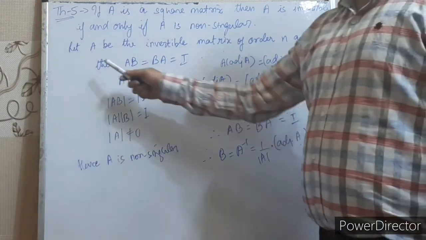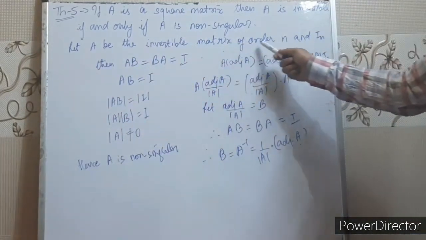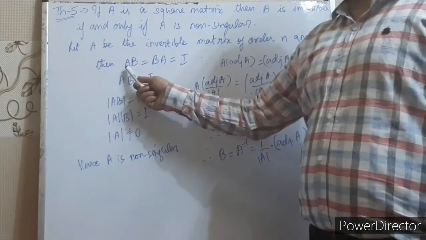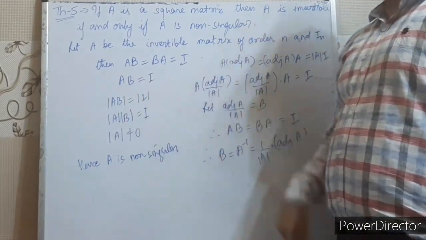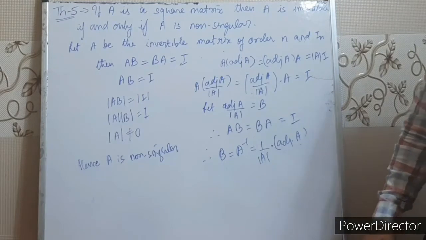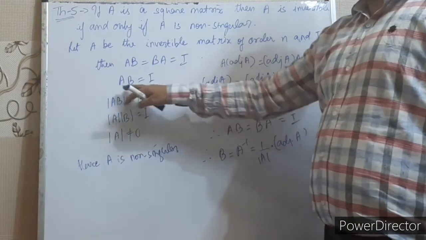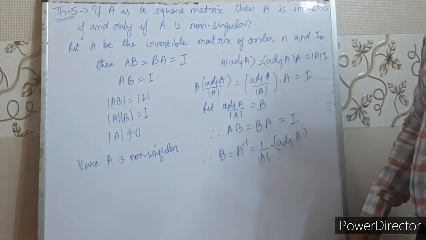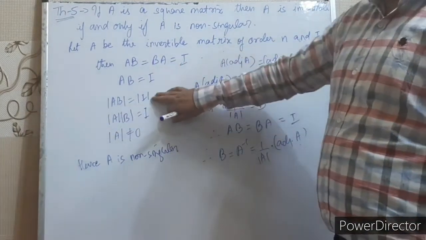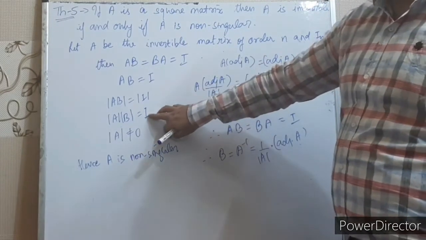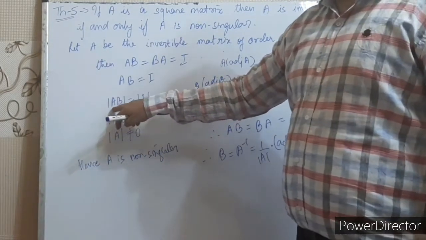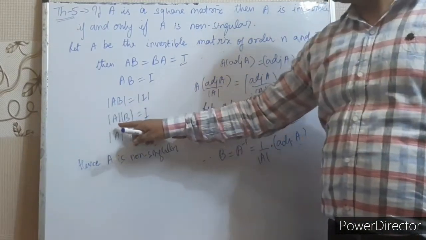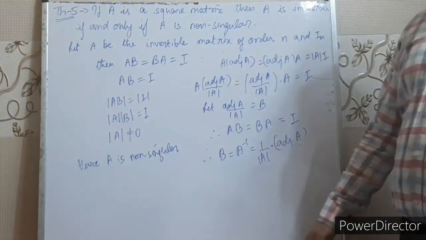Right, children? So what will we assume? Let A be an invertible matrix of order n and I the identity matrix of order n. Then we can say that AB equals BA equals the identity matrix. So when AB equals the identity matrix, then determinant of AB equals determinant of I, and we know that the determinant of the identity matrix is 1, and from the properties of determinants, determinant of AB equals determinant of A into determinant of B. Right, children?